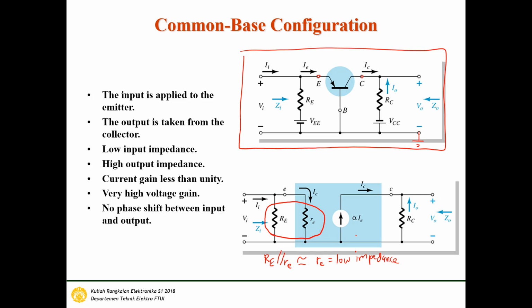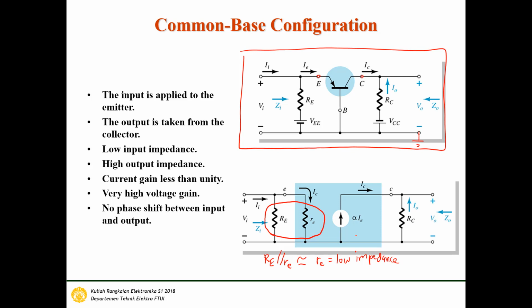This is different from the common collector or emitter follower we talked about last week, because the characteristic of the common collector is low output impedance, and the current gain is less than unity. Then we have a very high voltage gain here, and there is no phase shift between the input and the output, similar to the common collector or emitter follower.